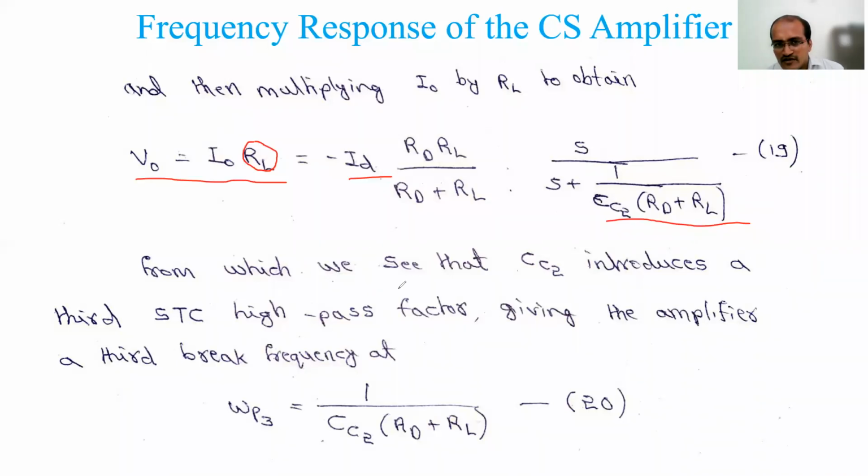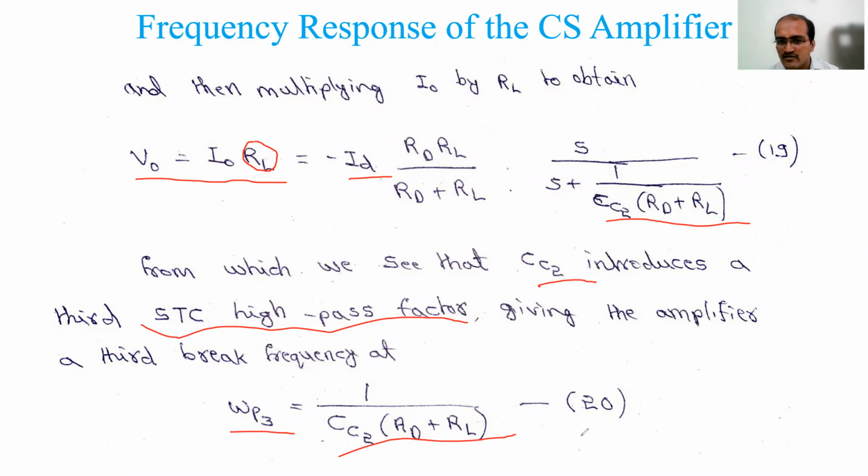From which again we see that the coupling capacitor Cc2 introduces a third frequency dependent factor. It is also STC high pass type, giving the amplifier a third break frequency at WP3, and we denote this by the factor 1 by Cc2 into Rd plus Rl.